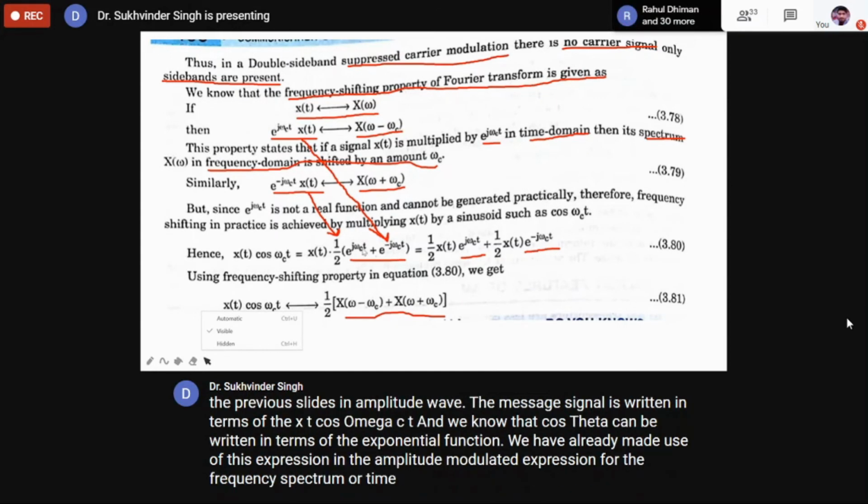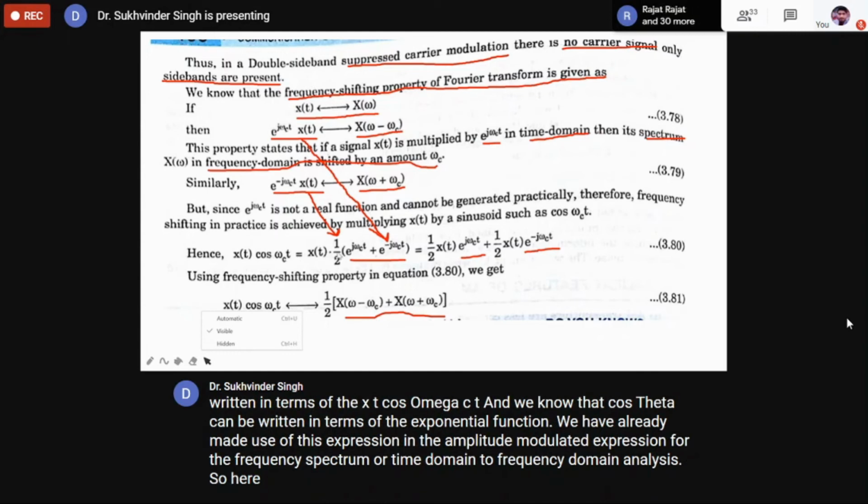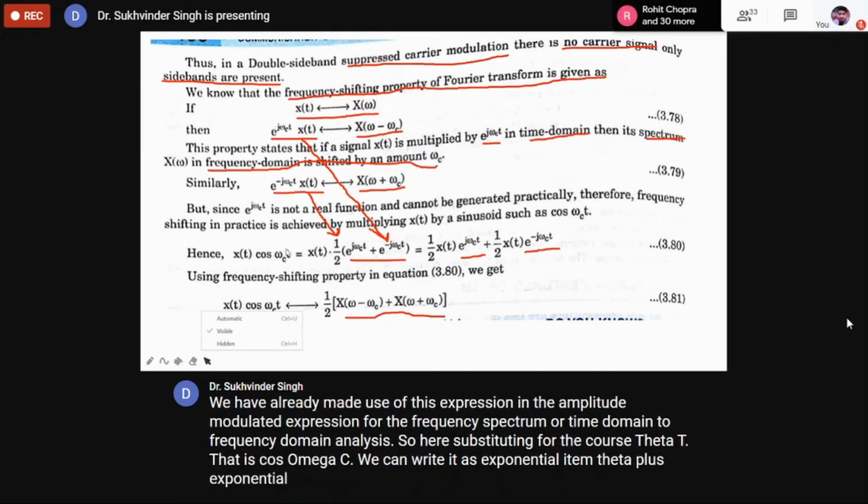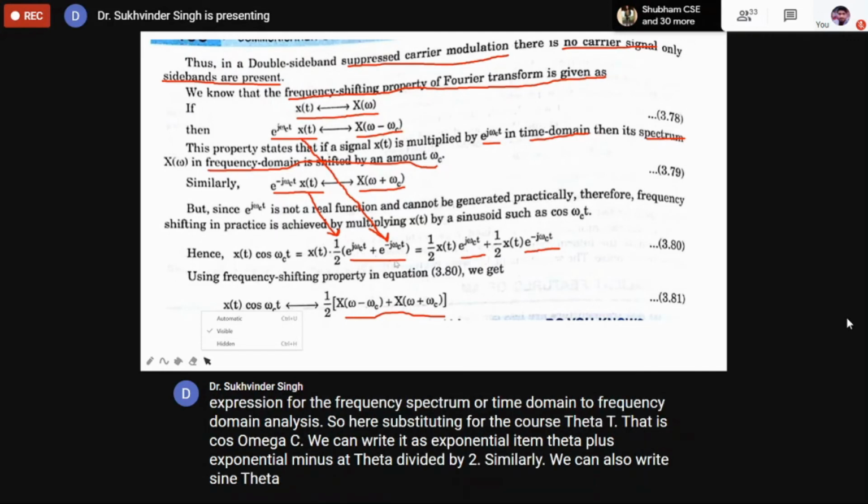So here, substituting for cos theta, that is cos omega ct, we can write it as e raised to power j theta plus e raised to power minus j theta divided by 2. Similarly, we can also write sine theta as e raised to power j theta minus e raised to power minus j theta by 2j. So these are the representations of sine and cosine functions in terms of the exponential functions.